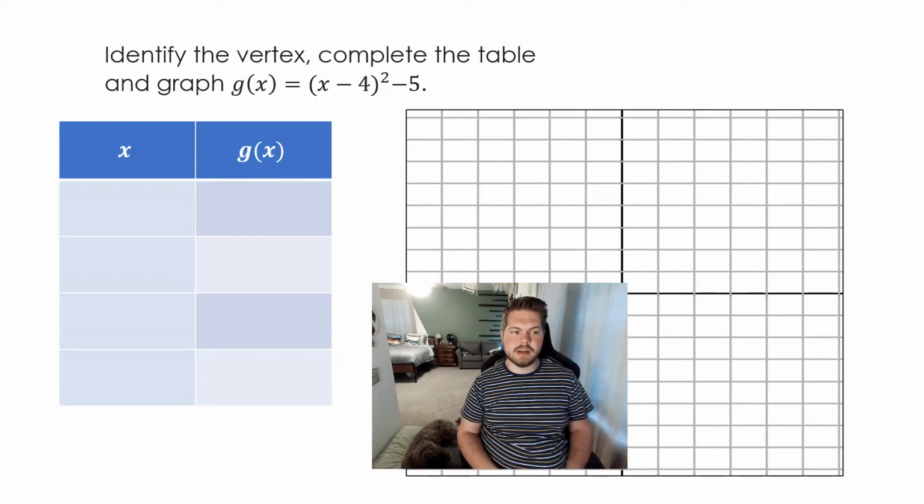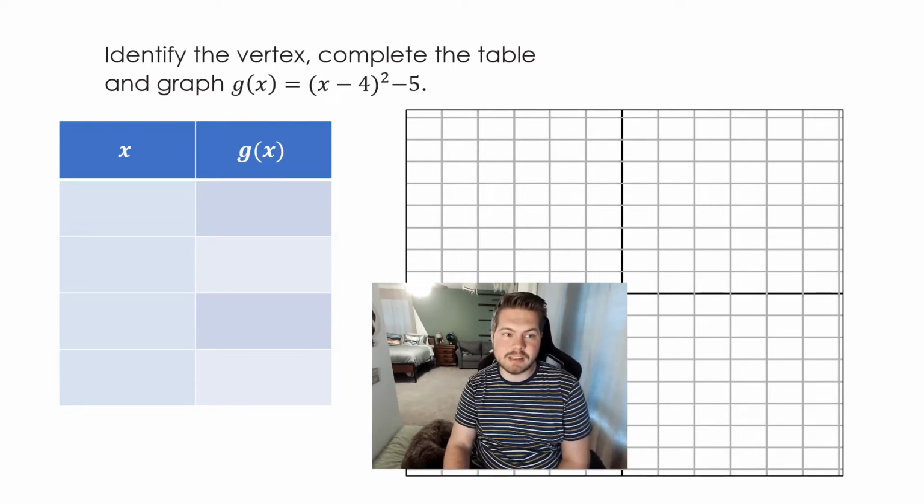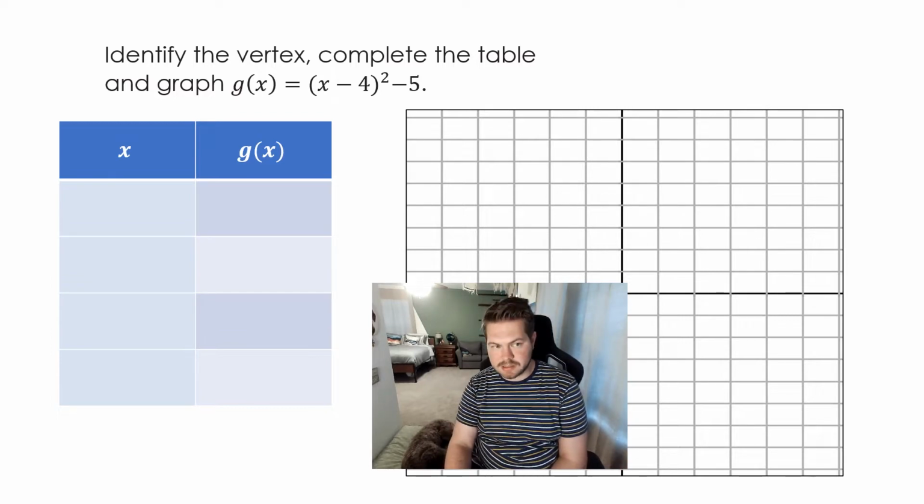What you see here, g of x equals x minus 4 squared minus 5, is vertex form. One of the reasons it's called vertex form is because you can easily tell what the vertex is by looking at this. It's going to be the opposite of what x is being subtracted by. So see how it's being subtracted by 4 or added.